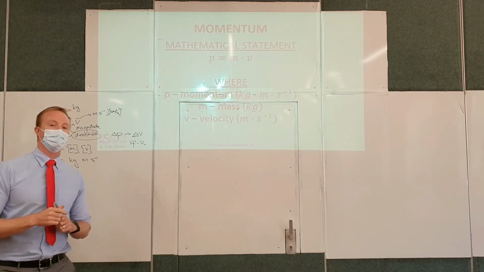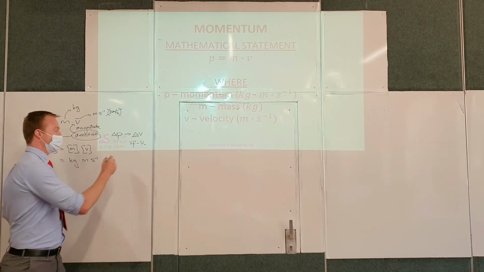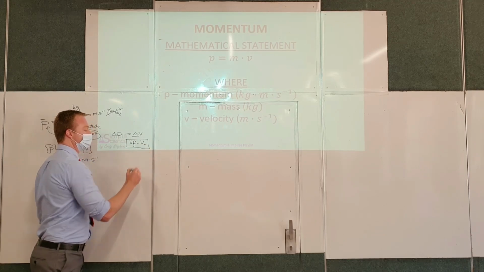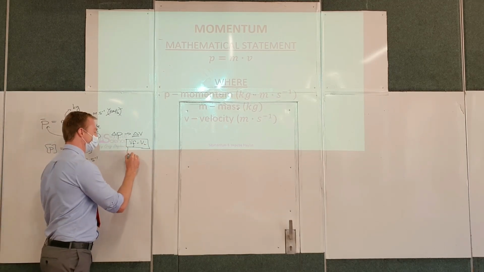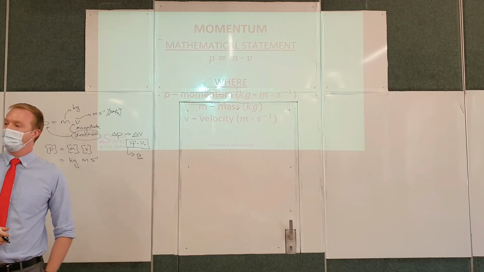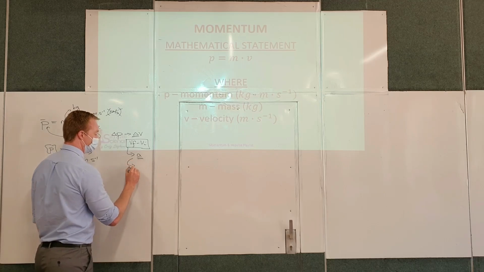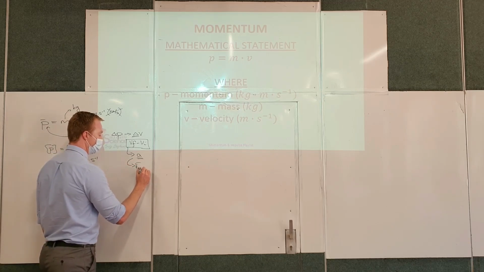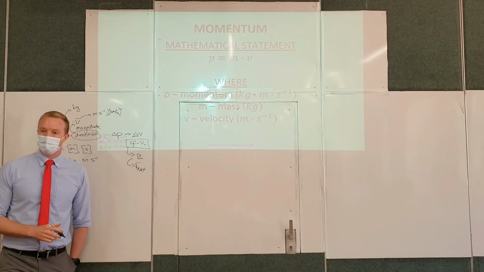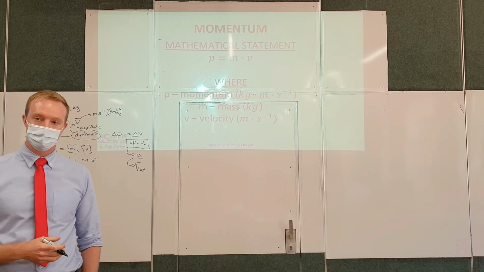The reason why we look at change in momentum as something that's important is because a change in momentum means that there's a change in velocity, and a change in velocity means that this object is accelerating. And when an object is accelerating, we can very quickly get ourselves back to Newton's second law, which says that in order for an object to accelerate, there must be a net force that is acting on that object.